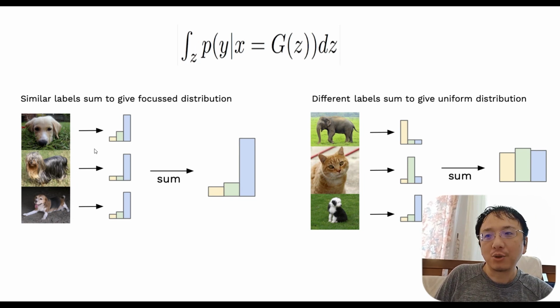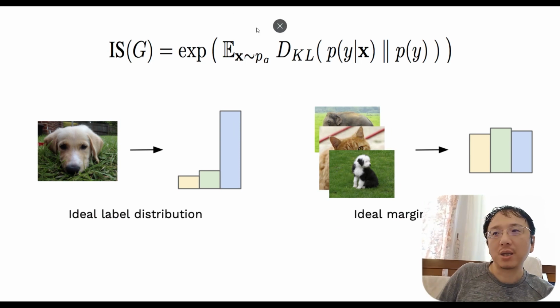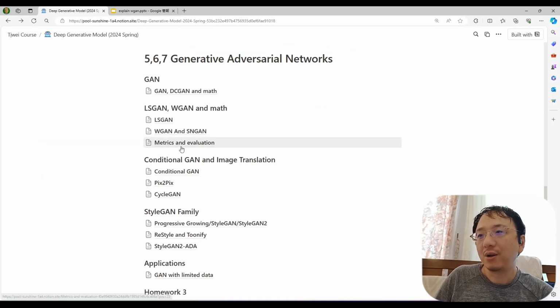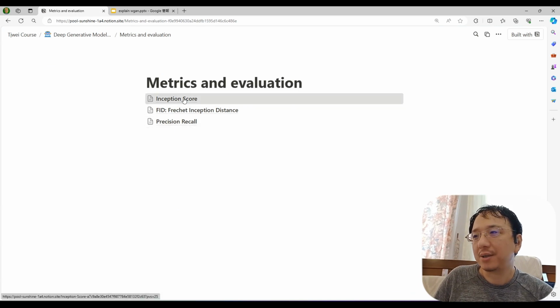So the inception score compares the difference between the left distribution and the right distribution, and if they are very different, it will have a very high inception score. It compares the difference using the KL divergence, and we do some mathematics here so we can have a more interpretable score. However, there are some very interesting properties of this score.